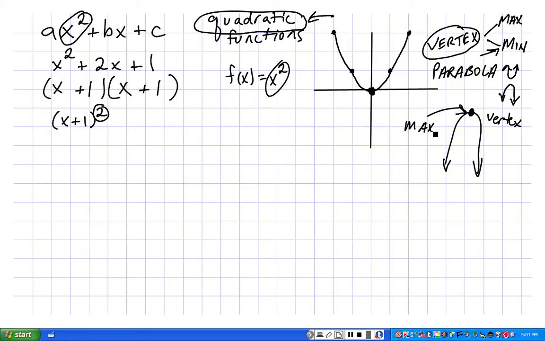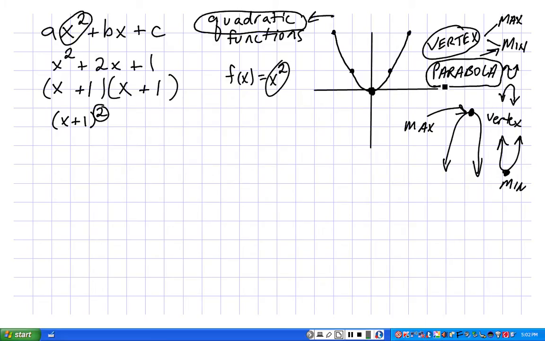So minimum is when the vertex is the lowest point, and the max is when the vertex is the highest point. So basically, if the U is down, then the vertex is a max. If the U is up, then the vertex is a min. And again, when we're talking about the U, we're speaking in terms of a parabola. The graph of a quadratic is a parabola.